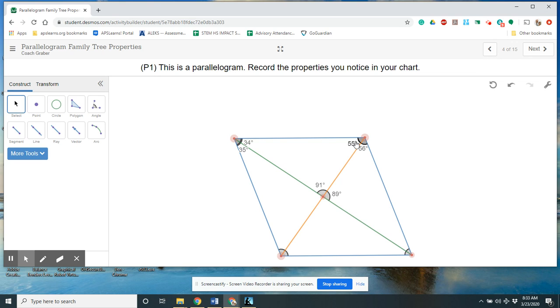So if this angle here is 55 degrees, then this angle down here that's across from it, that's an alternate interior angle, if you remember that term, will be 55 degrees. If this is 34, then this angle down here is 34 degrees. This one's 91. This vertical angle would also be equal to 91. And since this angle is 56, this angle here would be 56 degrees.